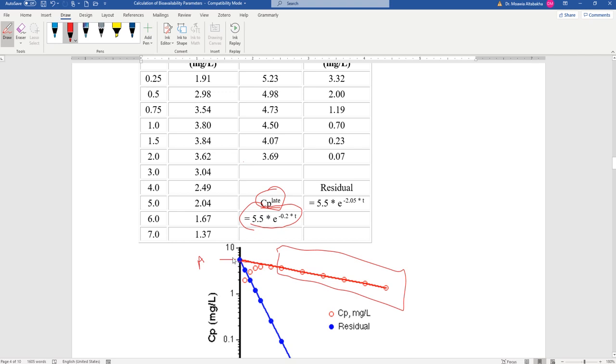They find it to be 5.5. They read it as 5.5. And KEL from the slope of this line. So the slope of this line is equal to minus KL.